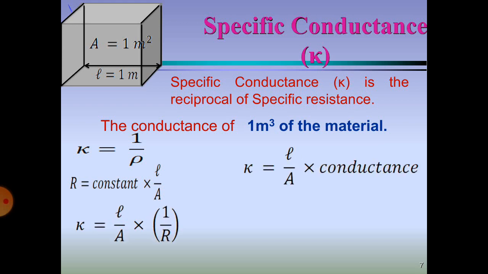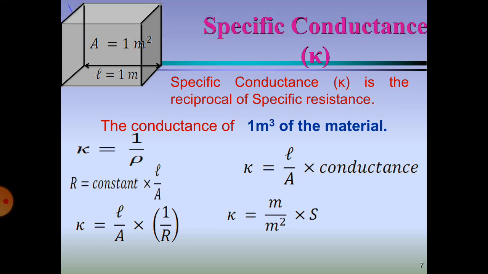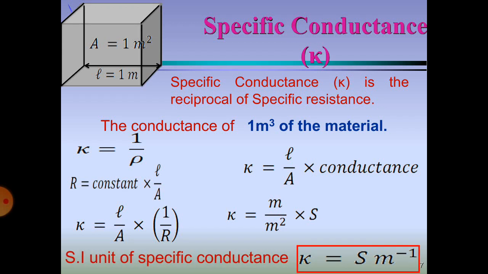So, kappa is equal to L by A into conductance. Now, we substitute the unit for L, A and conductance. Therefore, kappa is equal to meter by meter square into Siemens. Finally, the unit of specific conductance kappa is meter by meter square, meaning meter power minus 1, into Siemens.